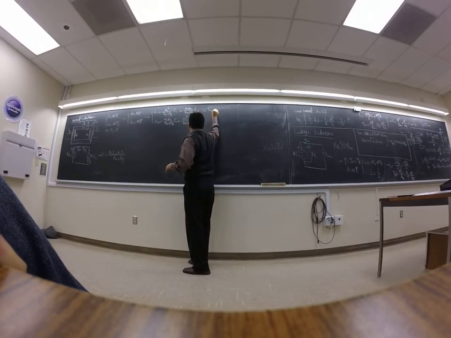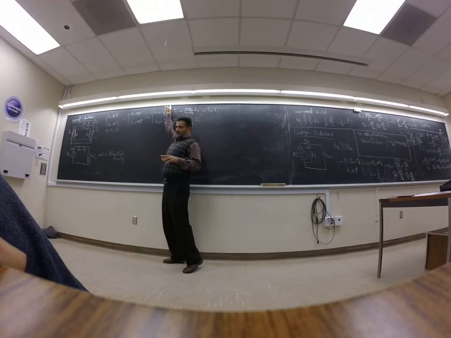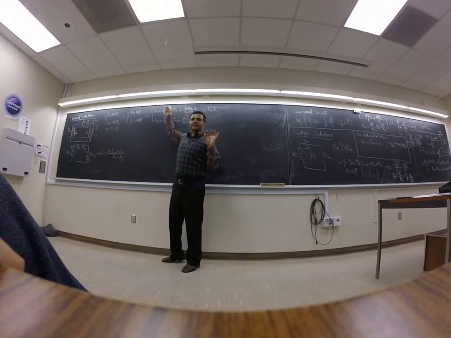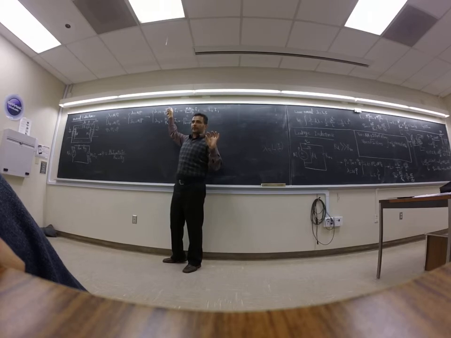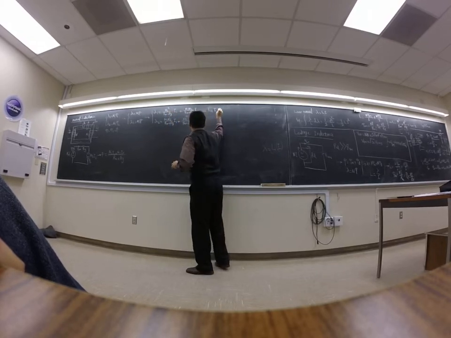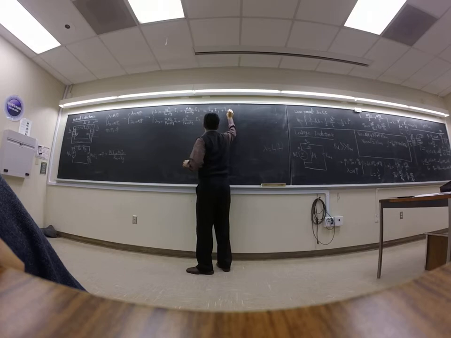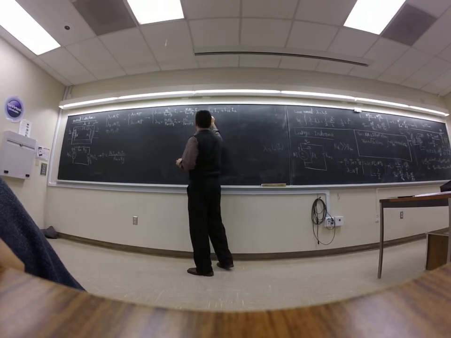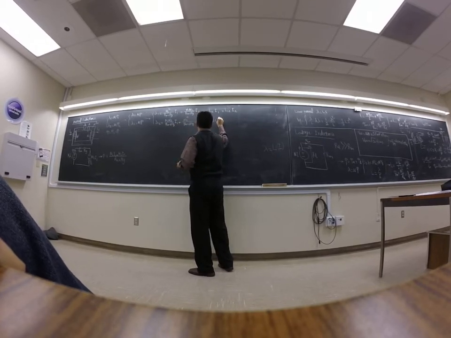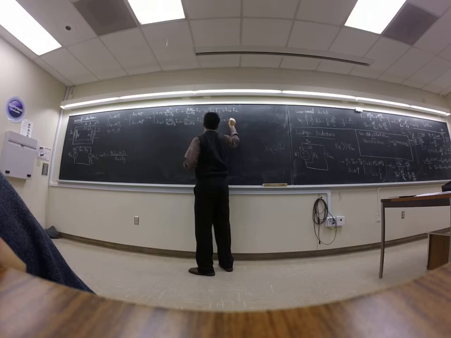Let's call this one L11. The dimension of this one is inductance, henry. And let's call this one L12. I equal to, let's call this one L21. And let's call this one L22.